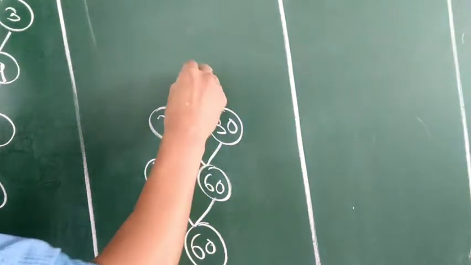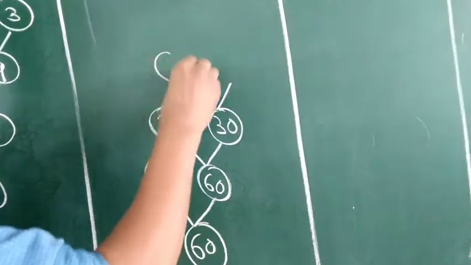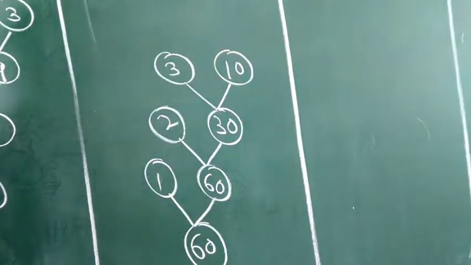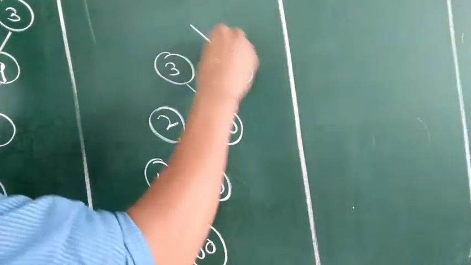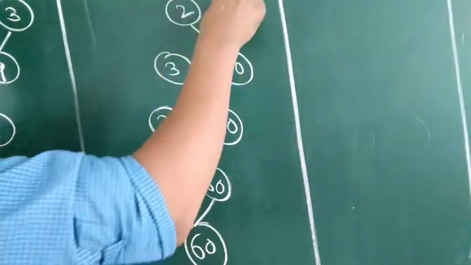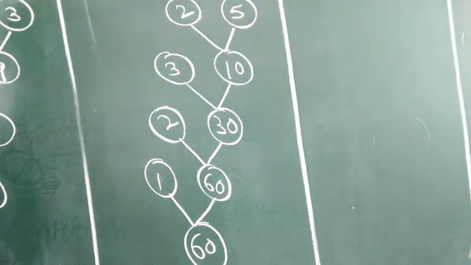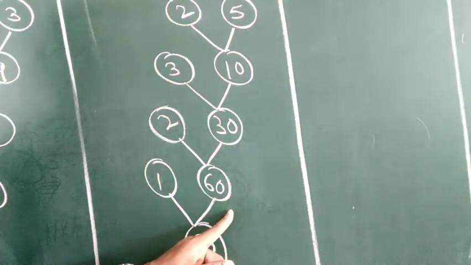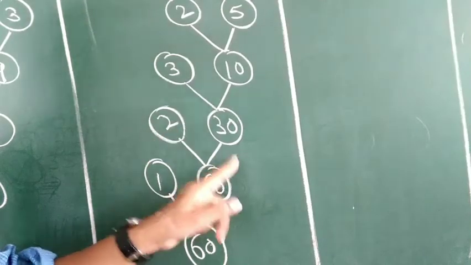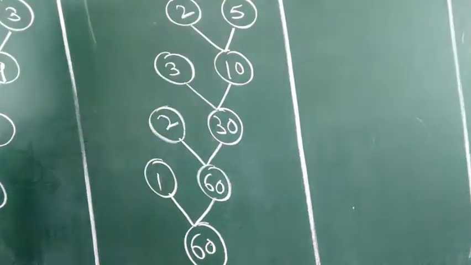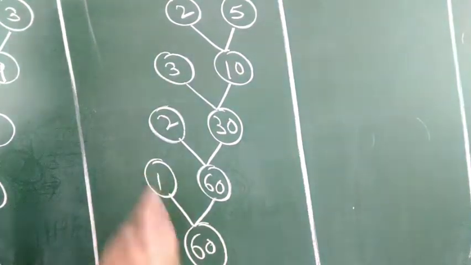Next, 3 into 10, and then see it is 2 into 5. 60, 1 into 60, 2 into 30, 3 into 10, and 2 into 5, like that. Okay? So these are the factors of 60.